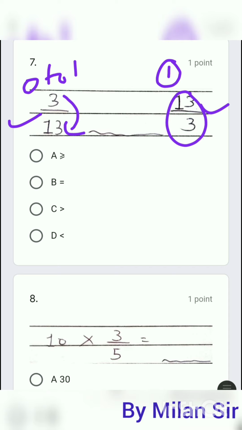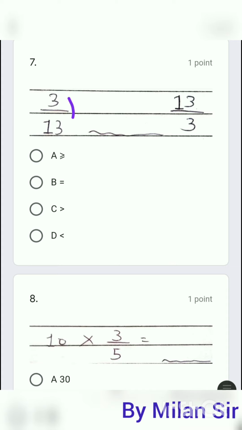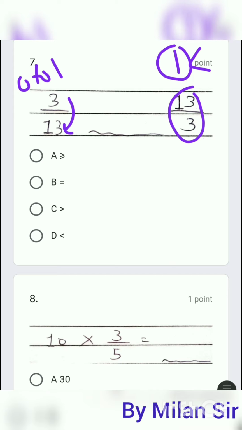So directly we can say that 13 by 3 is greater than 3 by 13. Here denominator is greater, that means answer lies between 0 to 1. Here numerator is greater, so answer is always more than 1. Okay, so definitely this number is greater.